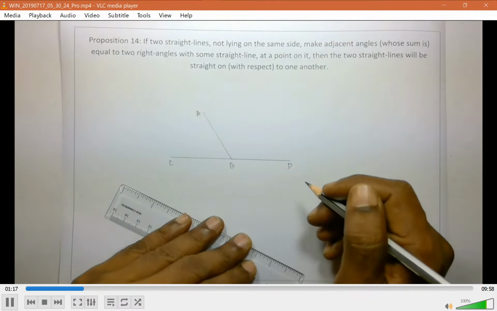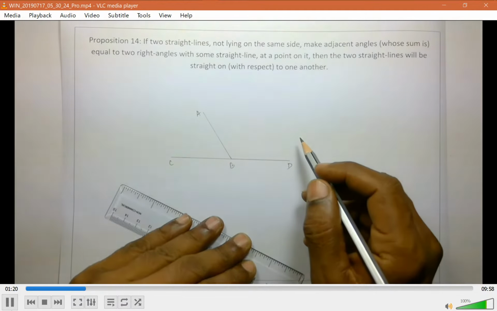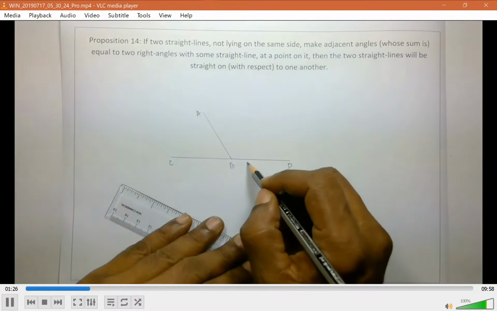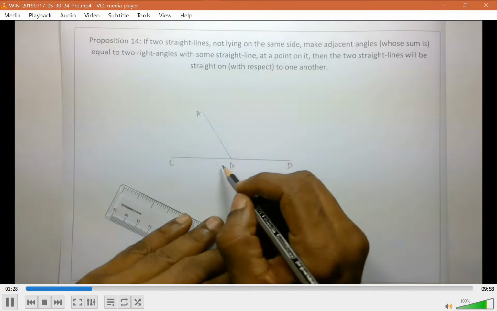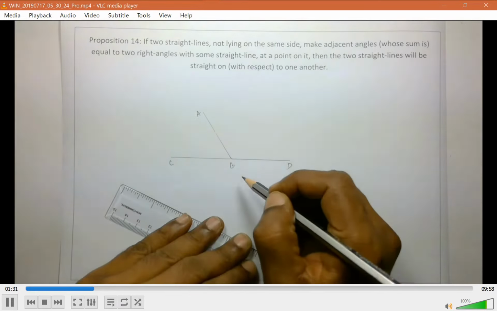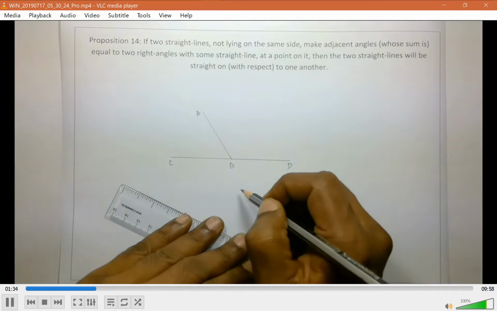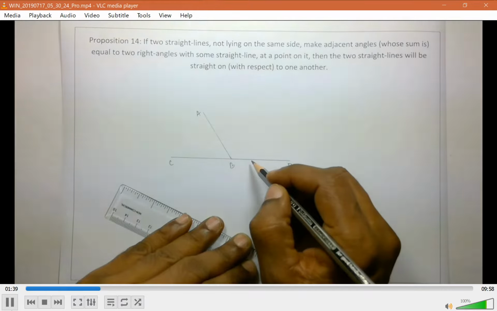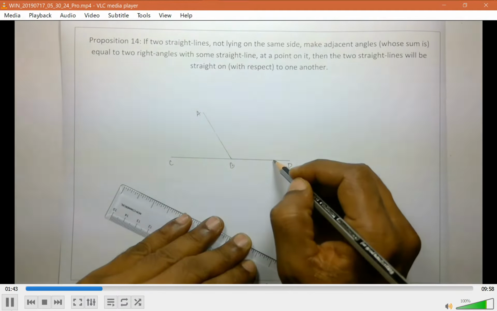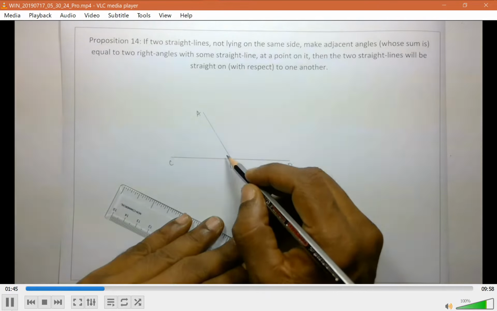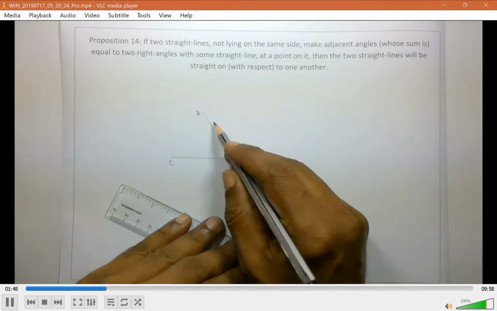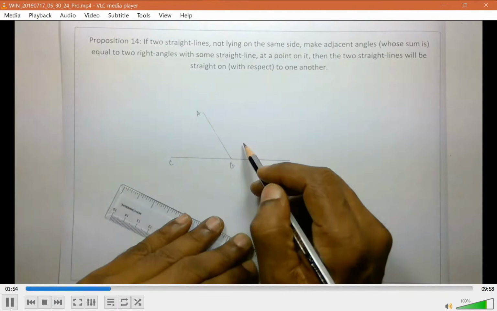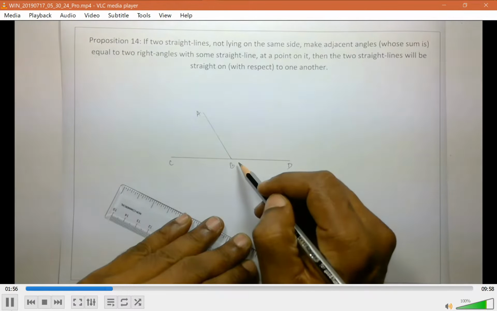Now what this statement says is that if two straight lines are not on the same side, so that means they are not parallel to each other or one on top of each other, and they form two angles with another line, then the two straight lines will be straight on with respect to one another.